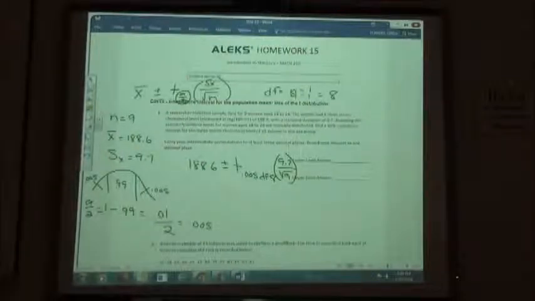And so when you put that in the Alex calculator, what did you get for your lower and your upper limits?